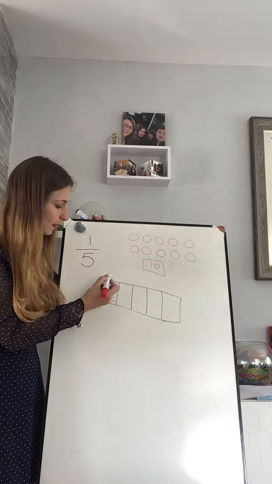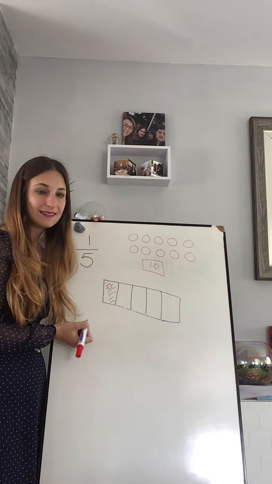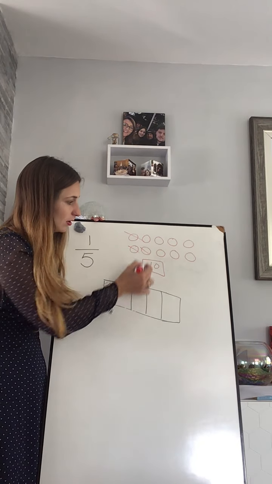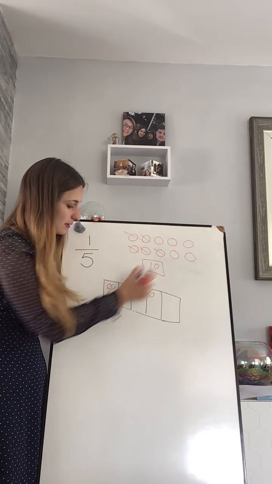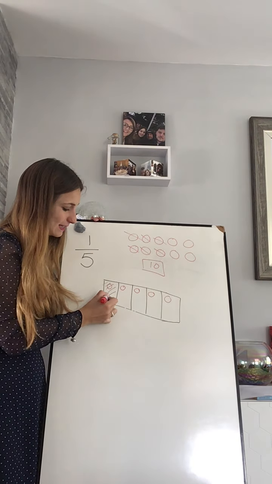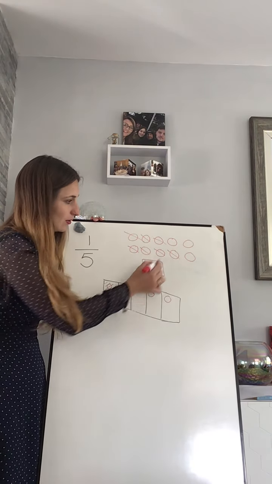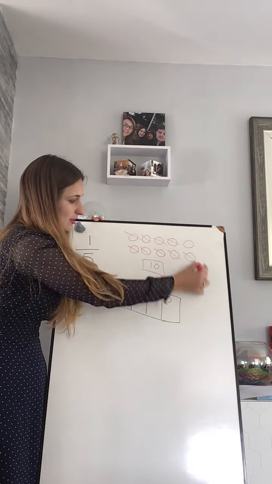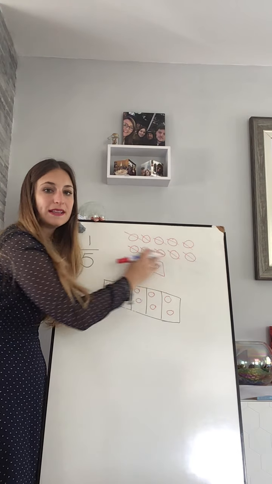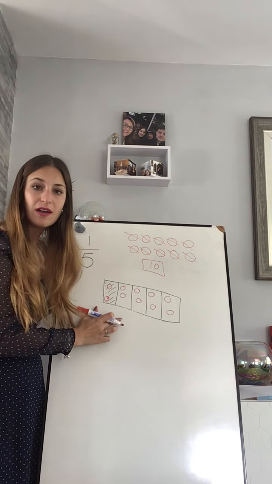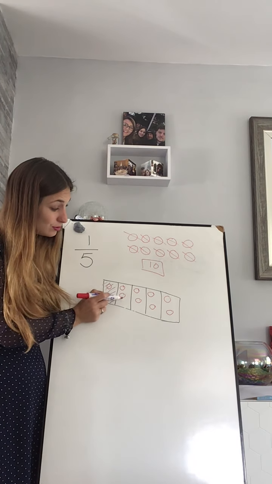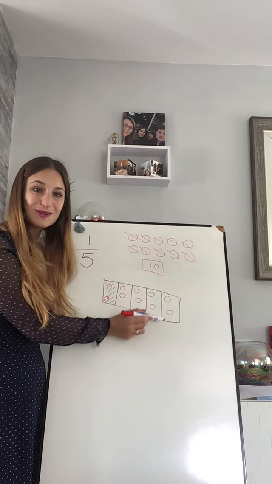Let's do it. 1 coin, 2 coins, 3 coins, 4 coins, 5 coins, 6 coins, 7 coins, 8 coins, 9 coins, and 10 coins. I have divided all my 10 coins into 5 equal parts. Are they equal? 1, 2, 1, 2, 1, 2, 1, 2, 1, 2, equal.